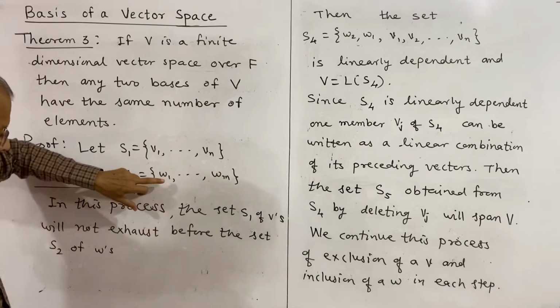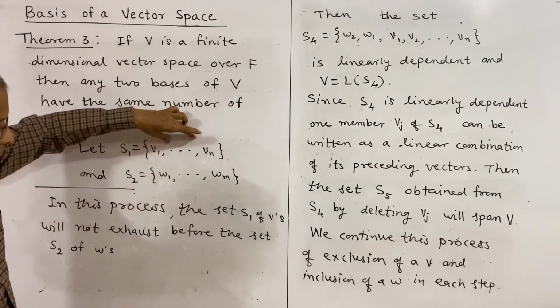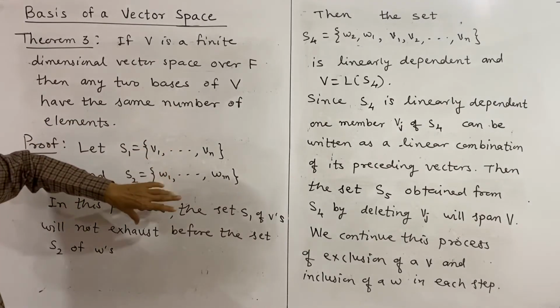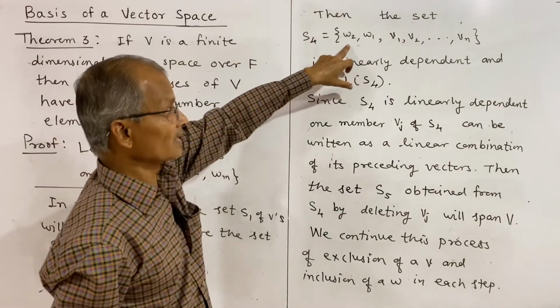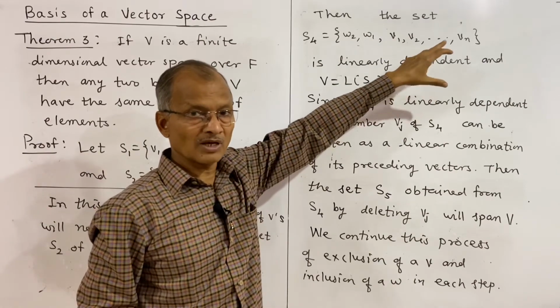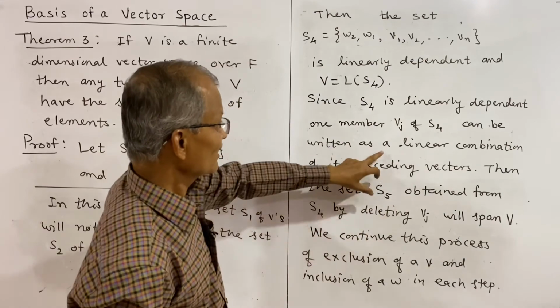So in the first step we have excluded one V and included W1 in this set. In the second step we have included W2 also in the set and we have excluded another V. First we excluded Vi, here we are excluding Vj.